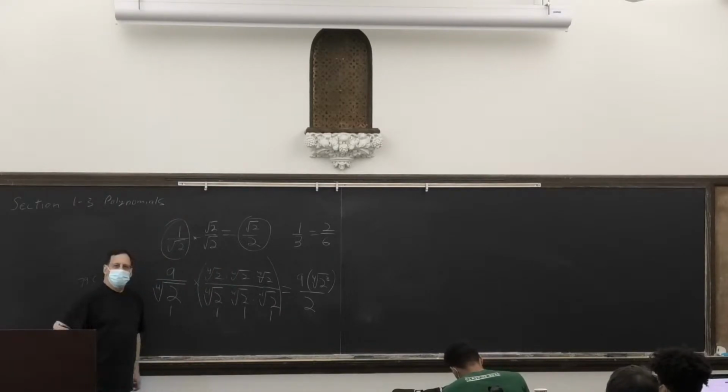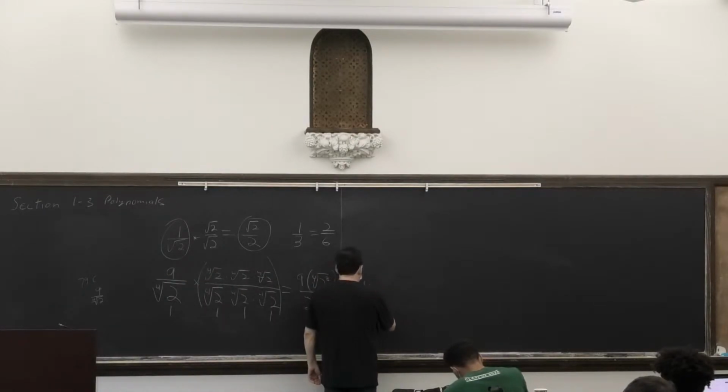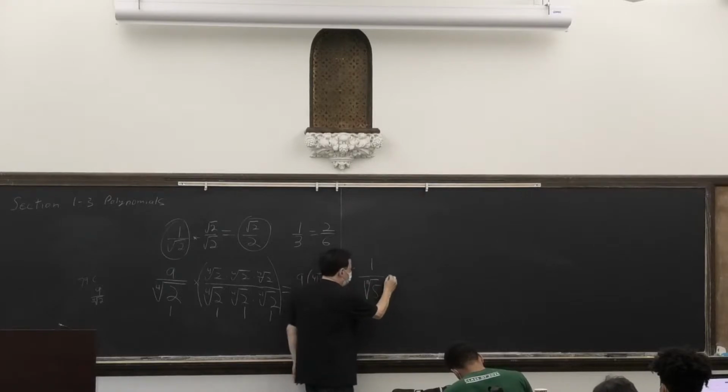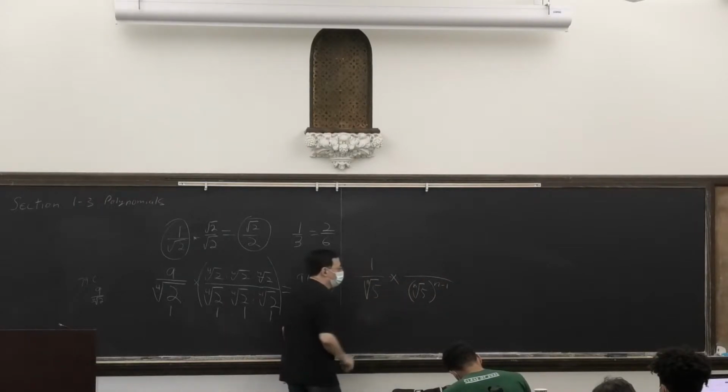You can kind of make it a general statement: if you have some number, I'll just put 5 here in the denominator, and you have the nth root, you're going to have to multiply by this to the n minus 1 to get rid of this.